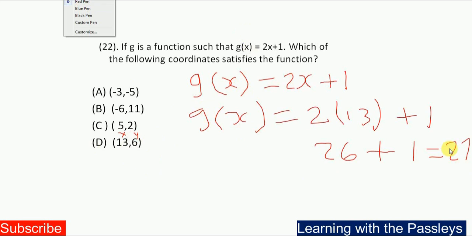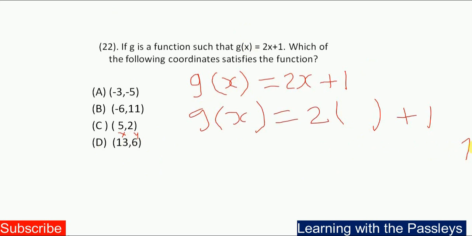So let us try C. What is the value of x in C here? The value is 5. So I'm going to put 5 in this function. 2 times 5 is 10, plus 1 equals 11.